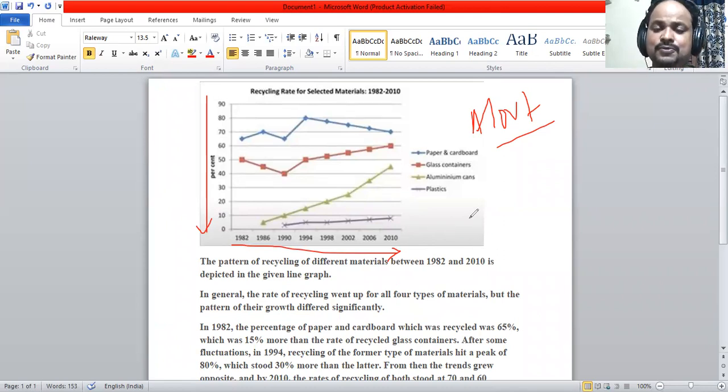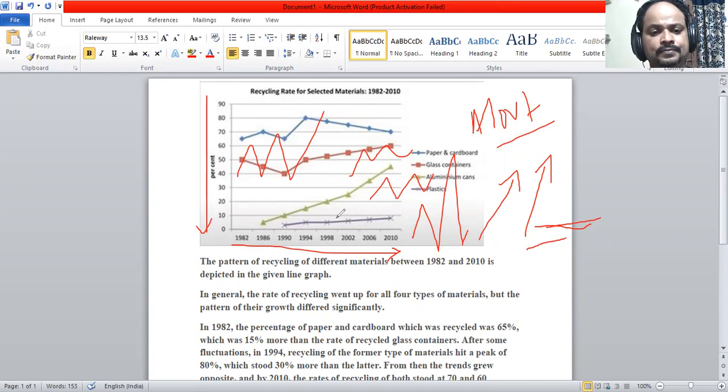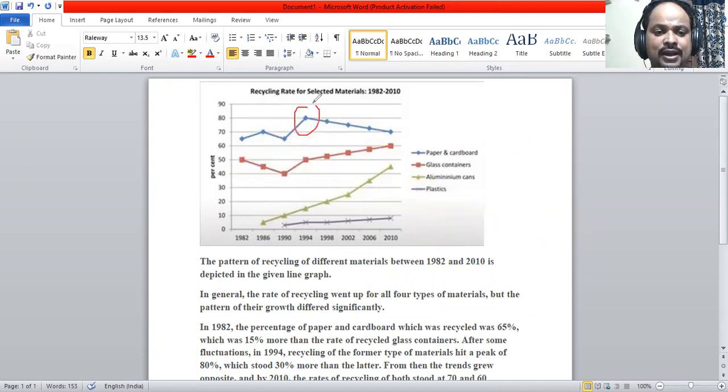Examples of change vocabulary are increased tremendously, increased significantly, fluctuated widely, mild fluctuations, even fluctuation, uneven fluctuation, mere growth, insignificant growth, or I can say dramatic increase, hitting an all-time high, hitting an all-time low.